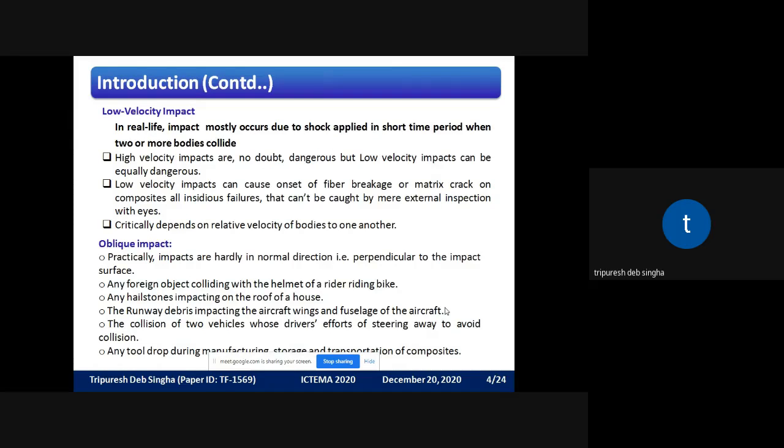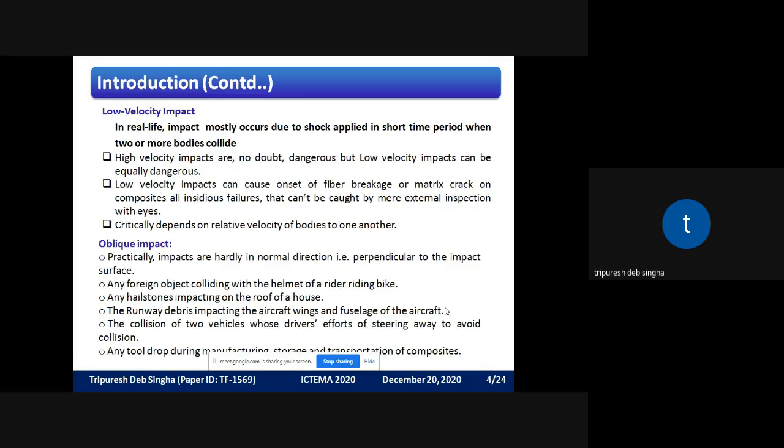But these structures are frequently subjected to different types of loadings. The loading may be static loading, or dynamic loading. One of the dynamic loadings is the low velocity impact. The impact may be high velocity impact, but the low velocity impact is dangerous due to its effect on the material on which it is impacted.